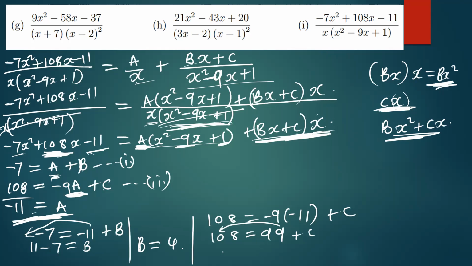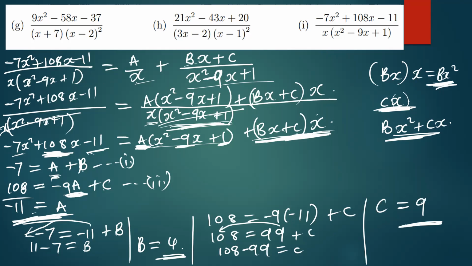And this is going to be 108 minus 99 is equal to c. When you subtract 99 from 108, you're going to get 9 as the solution. So the value of c is simply 9. So the value of a is -11, b is 4, and c is 9.